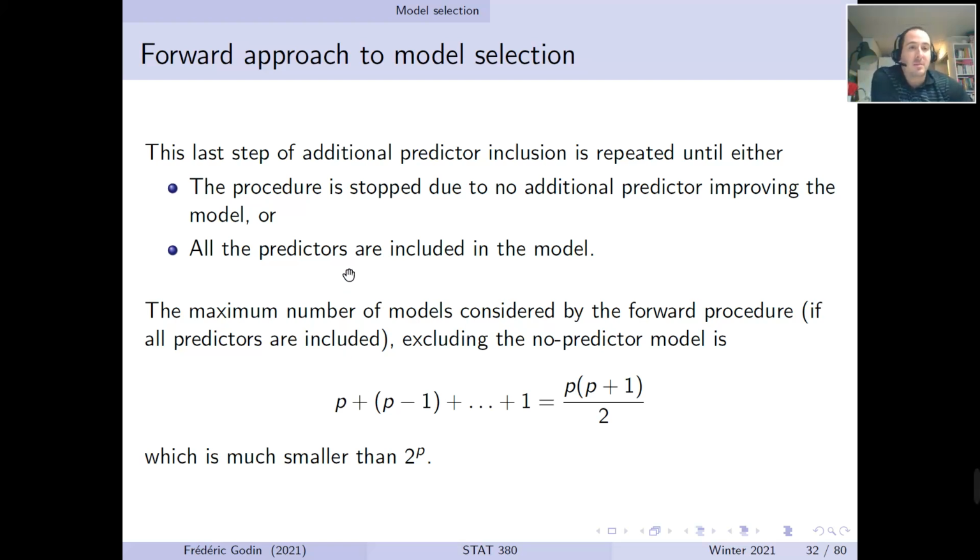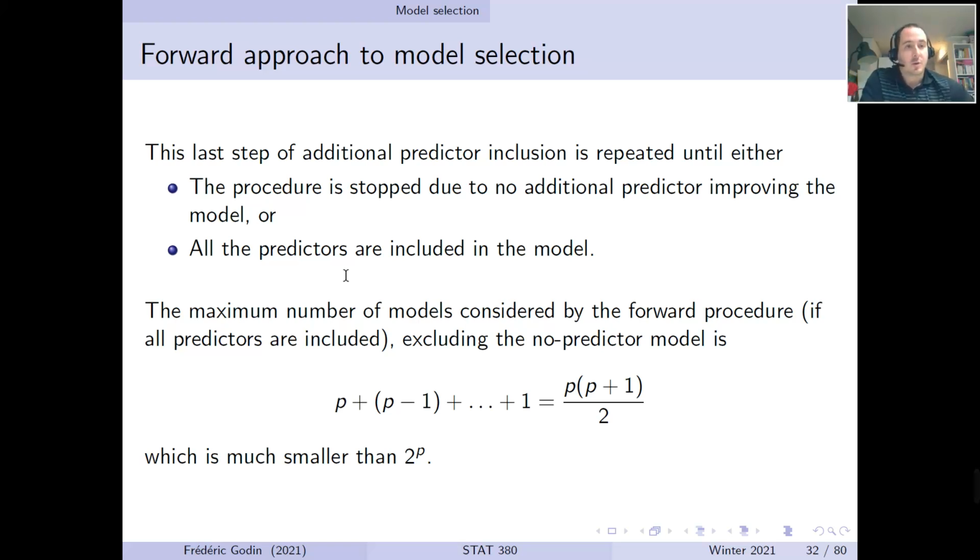Or the other possibility is that eventually all predictors are included in the model, and in that case the algorithm stops because you cannot include a new one if you've already included all of them.